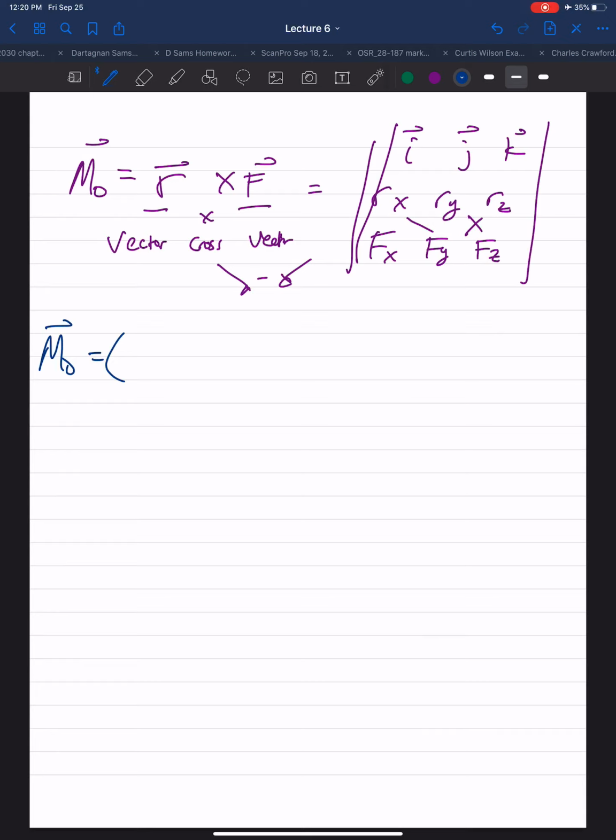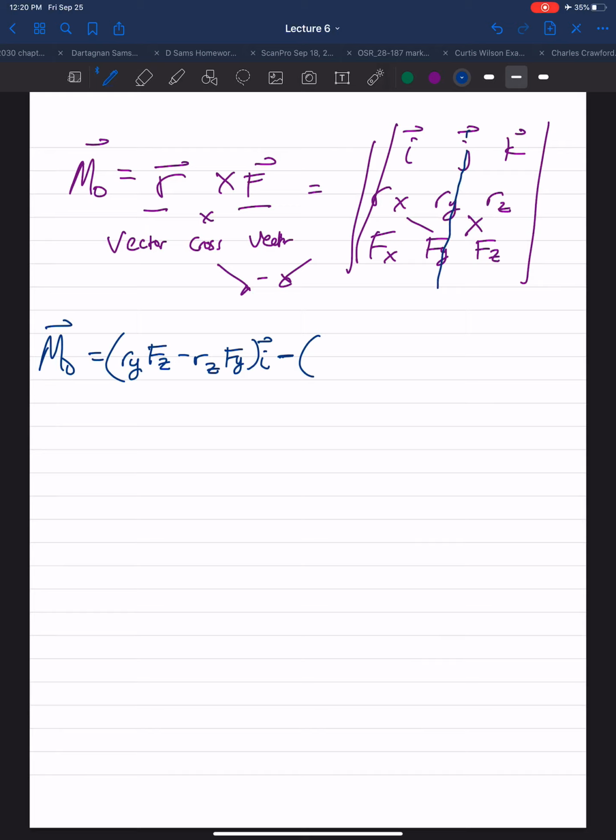So that'll be RY times FZ minus RZ times FY, unit vector I, minus, remember the second component is always negative, minus.